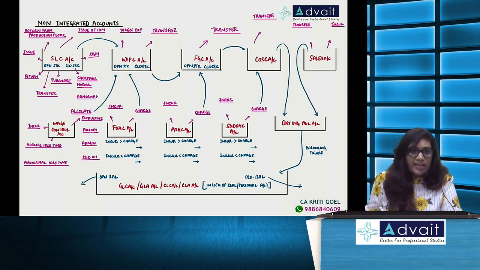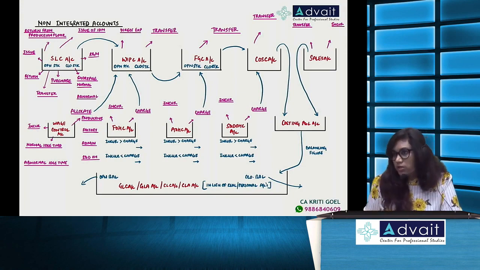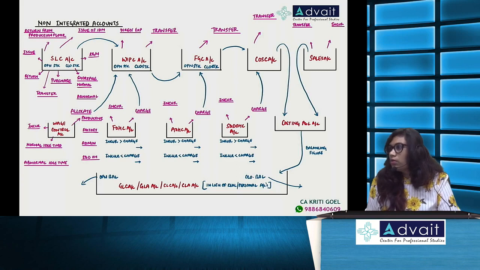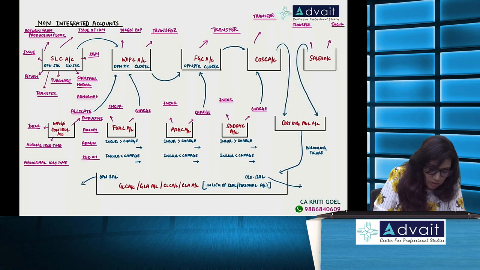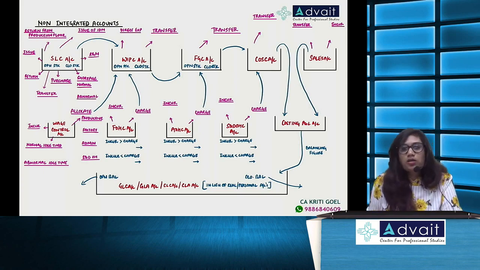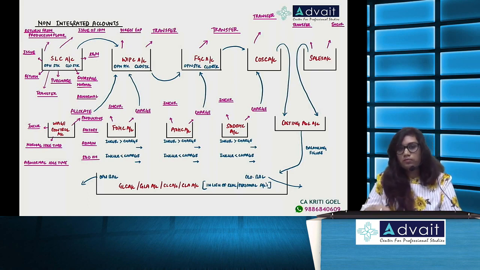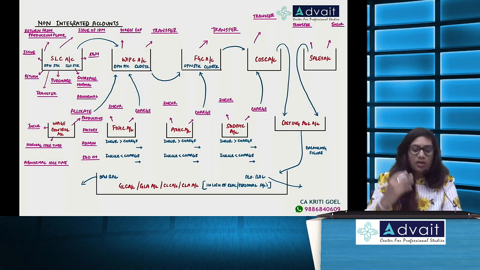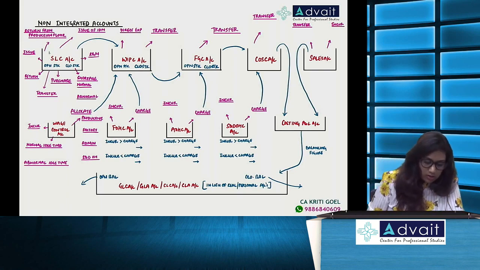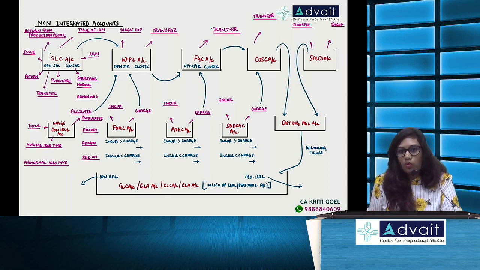So all these accounts are opened in my cost ledger. Now let's see what are these accounts. First one is stores ledger control account. So you imagine all these accounts are small buckets, like the way I've drawn here. Okay, so my first account is my stores ledger control account, SLC account.